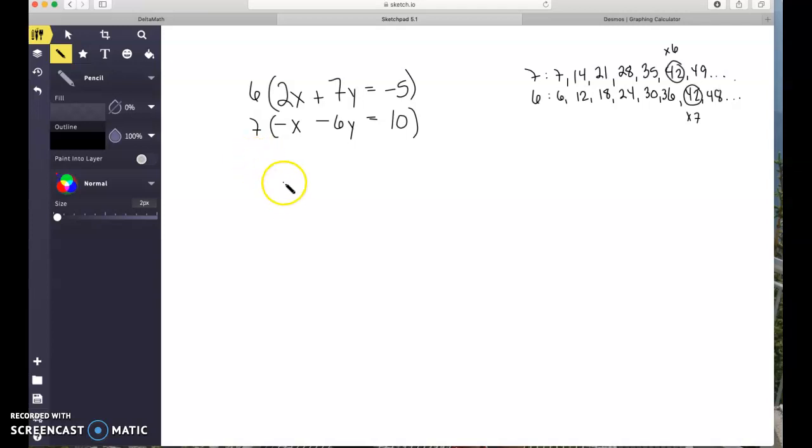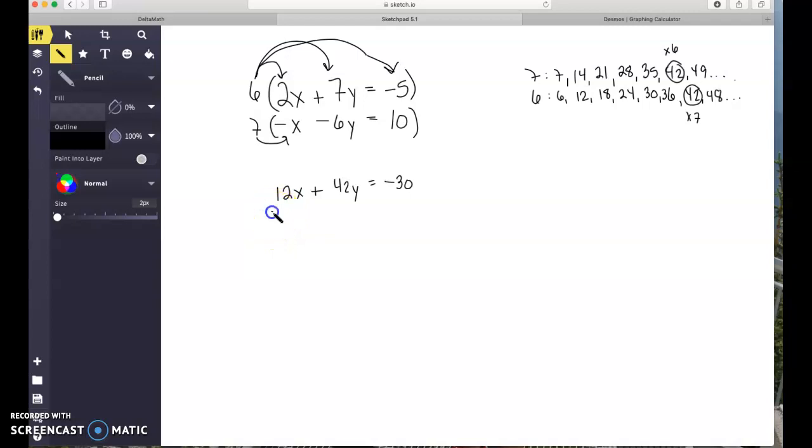So let's see here. 6 times 2 is 12x, and then 6 times my 7y gives me 42y, and 6 times that -5 is -30. And then I'm going to do the same thing with that bottom equation, but by 7.